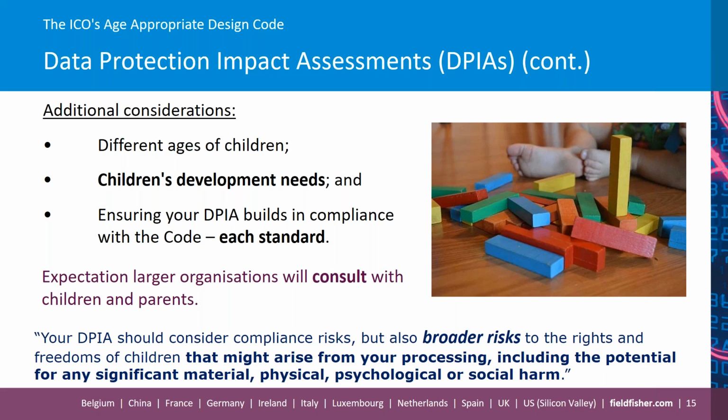And within the code, for those who haven't had a chance to look at all 100+ pages yet, there are examples underneath each standard of how you can comply with the code.